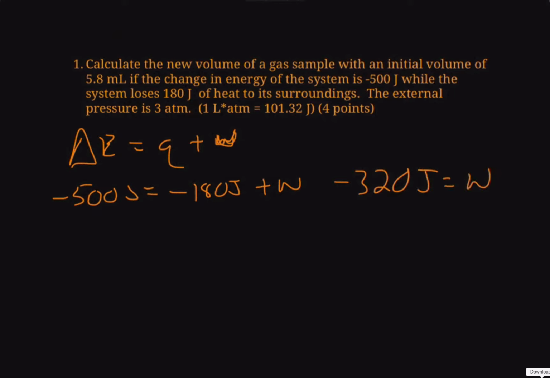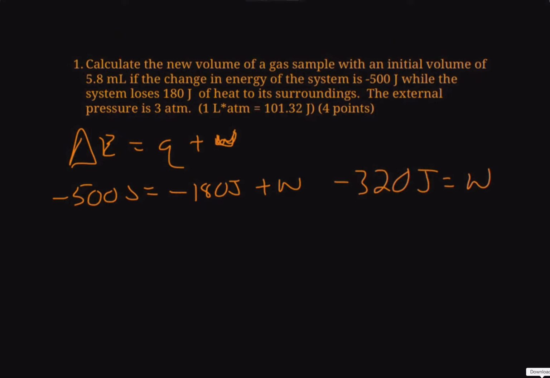So we have to figure out, based on the problem, how much of a volume change, which is where the work is coming from, it's the gas pushing against the atmospheric pressure and expanding, that makes up this other 320 joules. So we need to convert the joules into liter atmospheres, or we could do the liter atmospheres calculation and convert it to joules at the end.